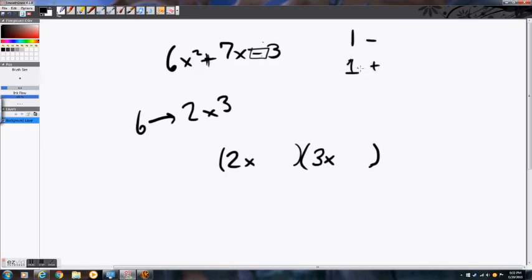So we have to add up to 7, which means we're probably going to have the 3x multiplying the positive term so that this ends up being a positive number. Anyway, 3 only has 1 and 3 as factors.